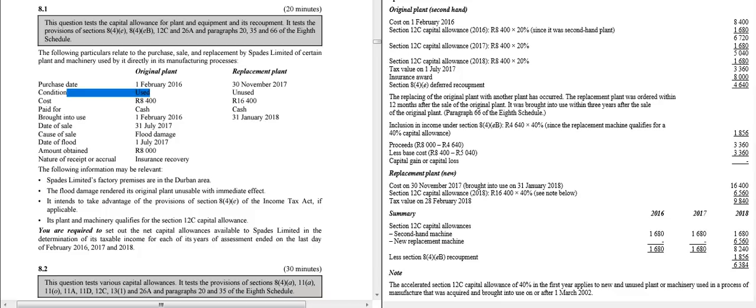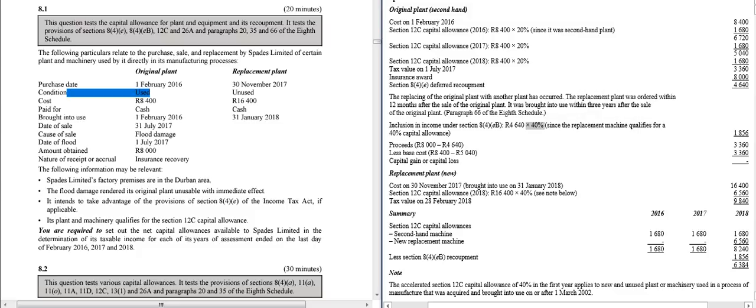Okay, so we may include this recoupment amount in our income under section 8(4)(eB). So we're going to take this 4,640 Rand recoupment and we're going to multiply it by 40%. That's according to paragraph 66 of the 8th schedule.